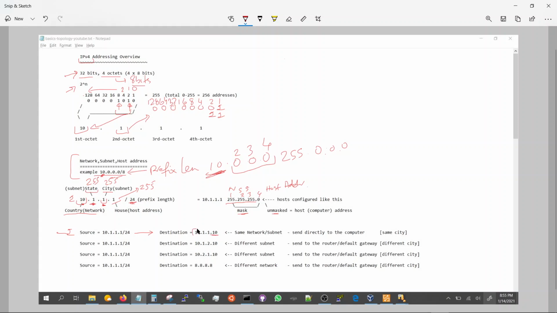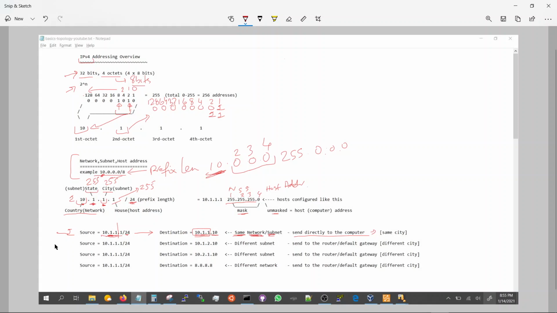That automatically tells the computer that the destination you're trying to send the packet to is on the same network. Why? Because you have configured on that computer this address /24, the first 3 octets. So the destination matches your source. That tells your computer it's the same network and the same subnet. Therefore, I'm going to send directly to the computer. It's the same city. In real life, it's going to go to either a switch or a directly connected computer.